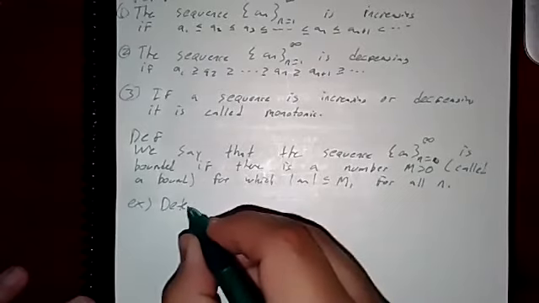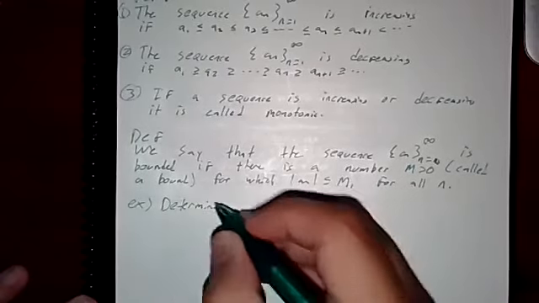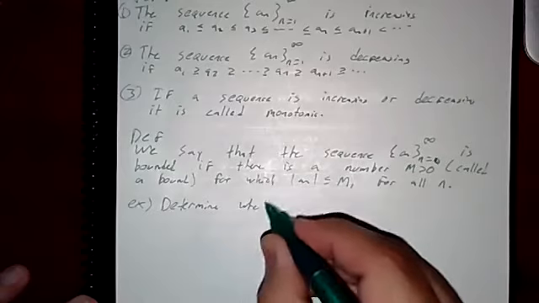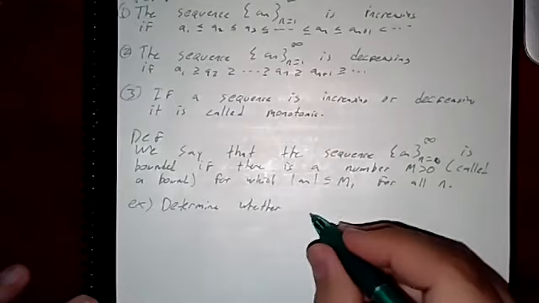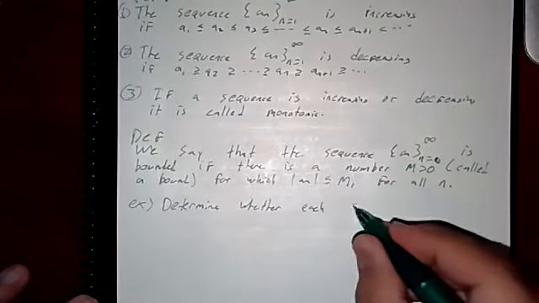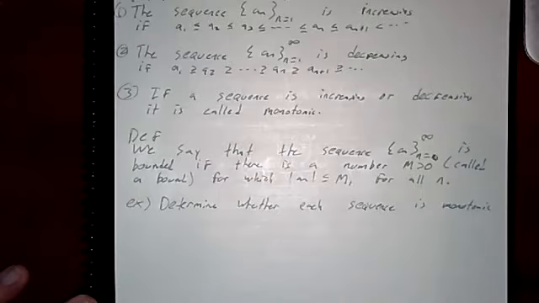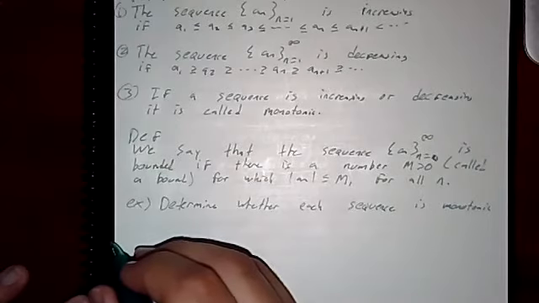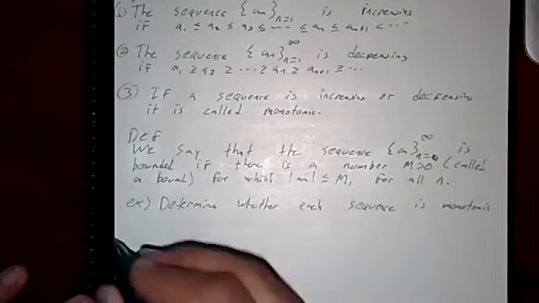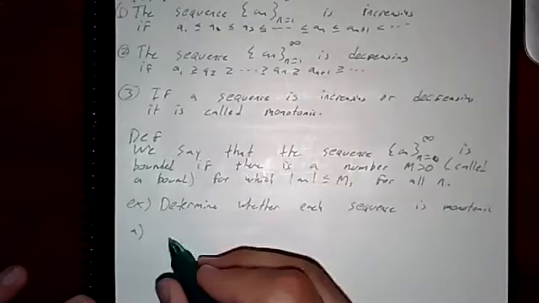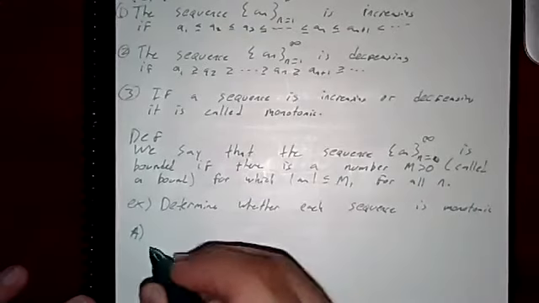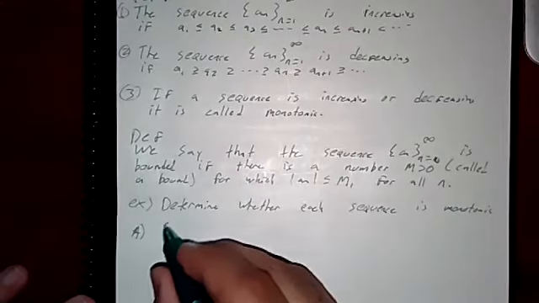Determine whether each sequence is monotonic. So part A, I guess. Let's use capital B because I've been using little a for sequences.